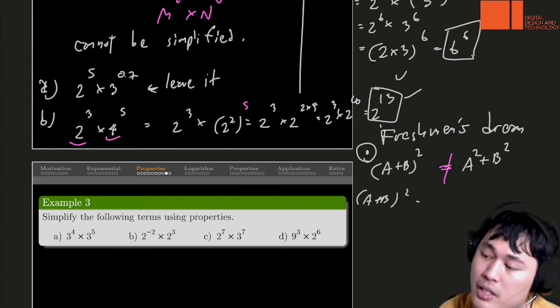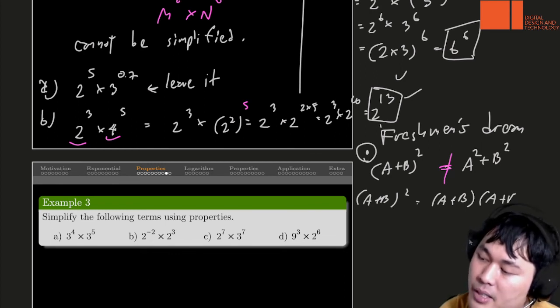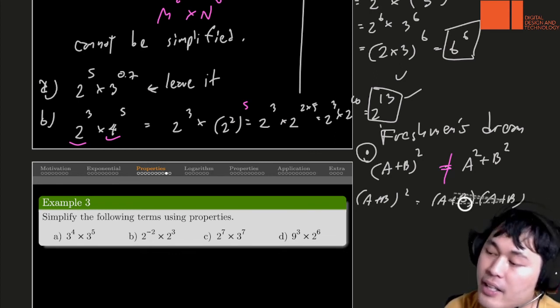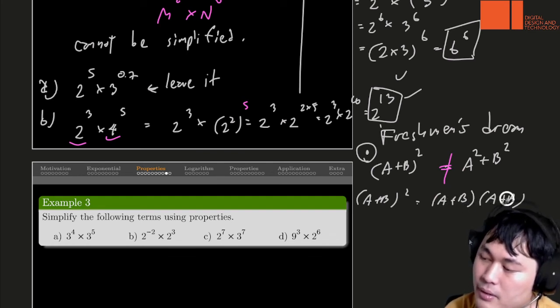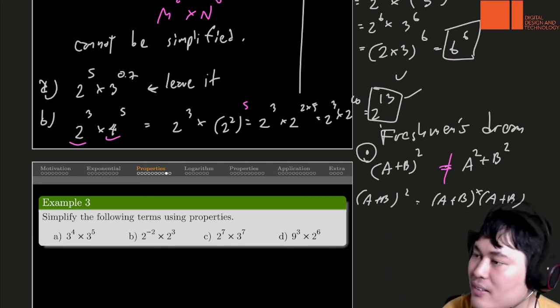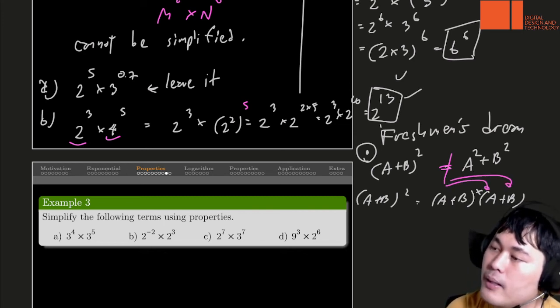Because you should actually use the definition, and this is (a plus b) times (a plus b). There are 2 copies of addition. But here you can see that since this is addition and this is multiplication, you cannot switch them around yet. But what you can do is distribute the terms.